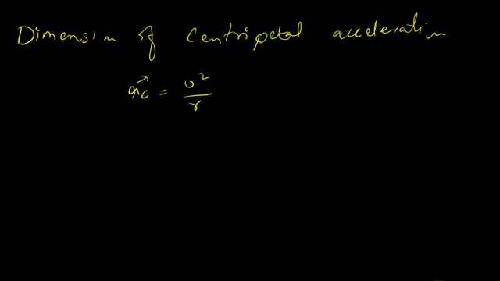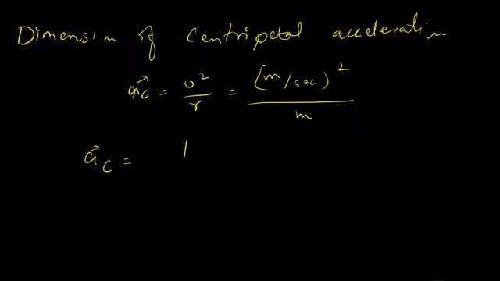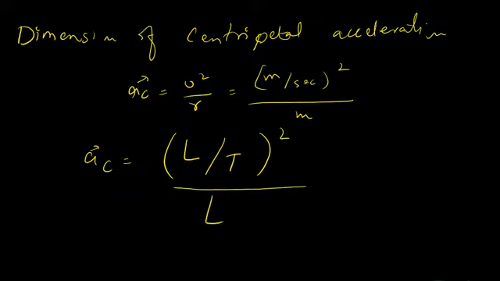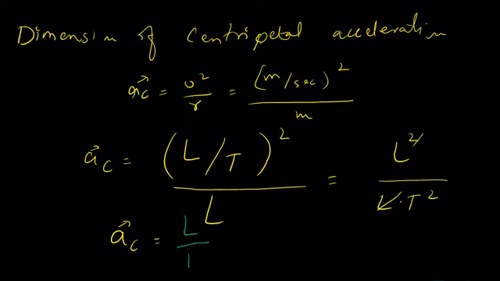Speed is measured in meters per second, and r is measured in the unit of distance, meters. When I write the units in terms of dimensions, meter has the dimension of length, represented by L, and time, second, is represented by T. So the dimensions will be L squared over T squared, divided by L. L will cancel out, and so a_c will be equal to L divided by T squared.